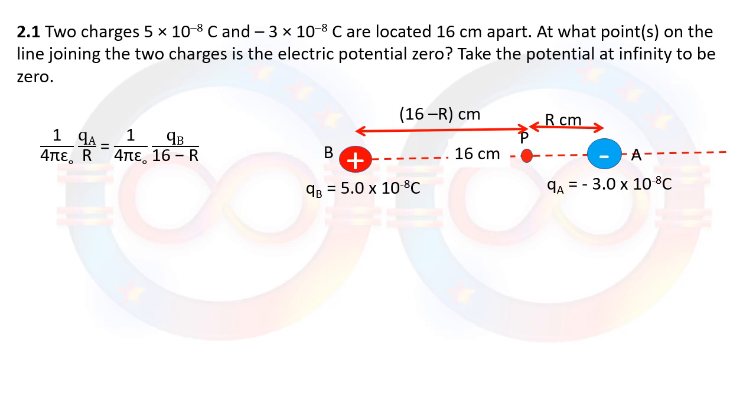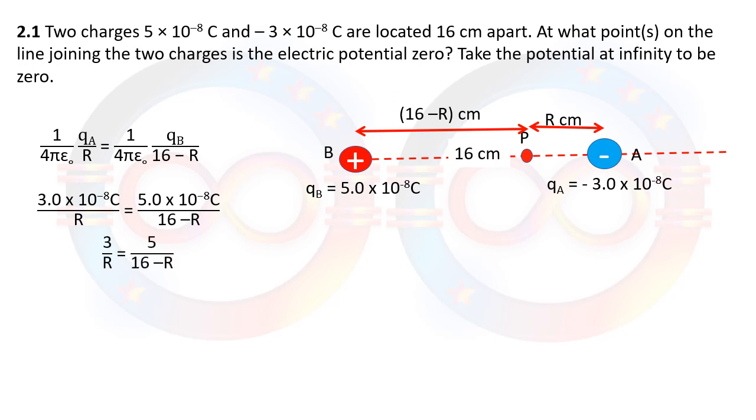The formula for the potential, already we have been through many questions in the previous videos. 1 by 4 pi epsilon naught qa upon r is equal to 1 by 4 pi epsilon naught qb upon the distance from B, that is 16 minus r. 1 by 4 pi epsilon naught will get cancelled and it is qa 3 into 10 raised to minus 8 upon r is equal to qb 5 into 10 raised to minus 8 upon 16 minus r.